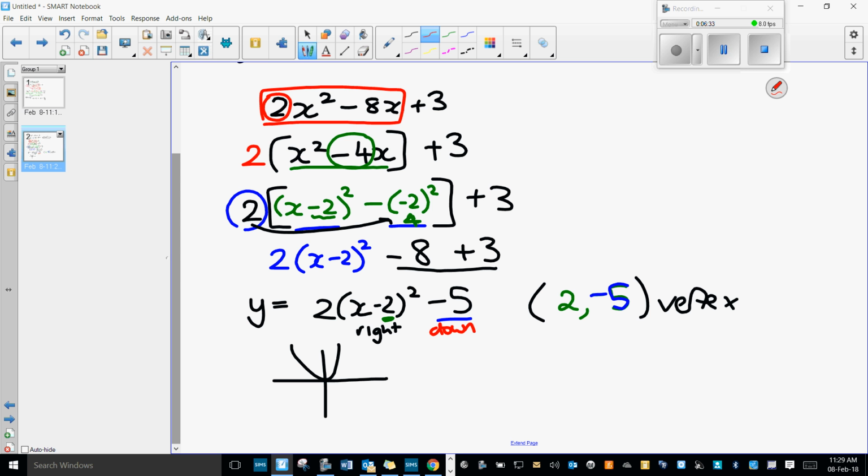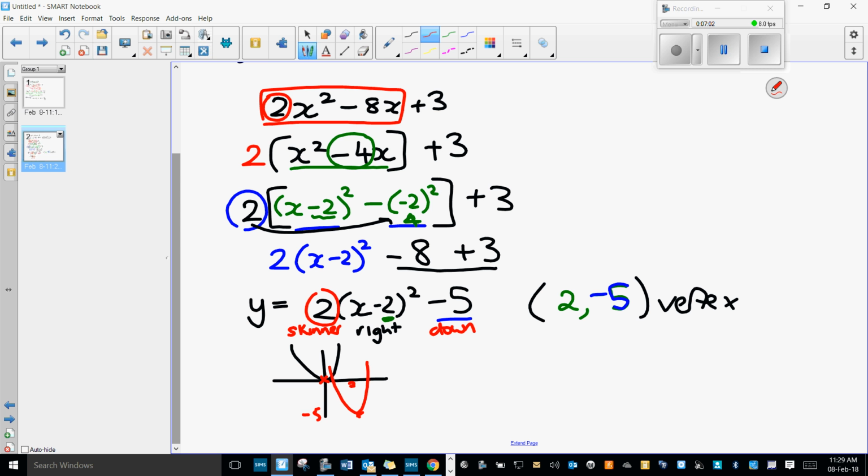My vertex is now down here at 2, negative 5. And this 2 here tells me it's got skinnier. So my new parabola is going to look something like that. So that's the link between the completed square form and transformations, but also sketching them and knowing where the vertex is.